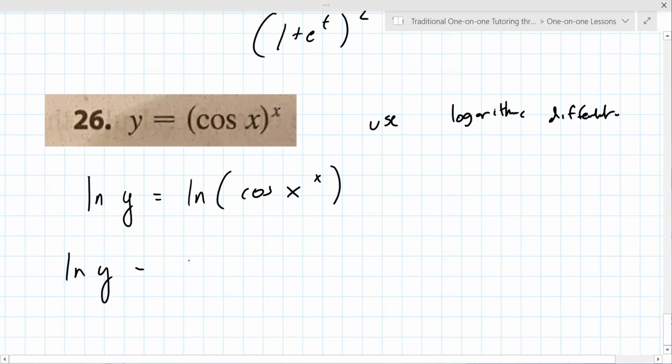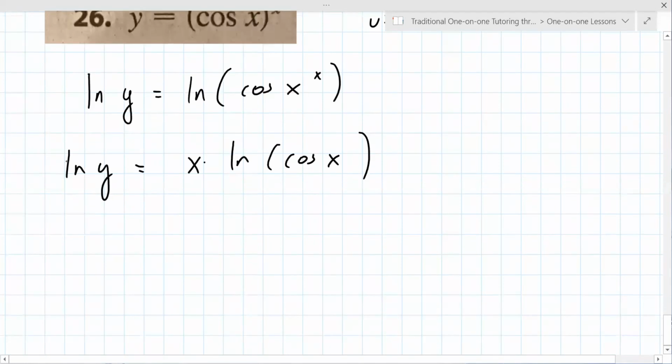So natural log y equals x times natural log cosine x. Now on the left side, you take the derivative implicitly. You treat y like it's an x, so the derivative is 1 over y. But because it's a y, you always have a y prime. Did you see that in class? Yes, sir.